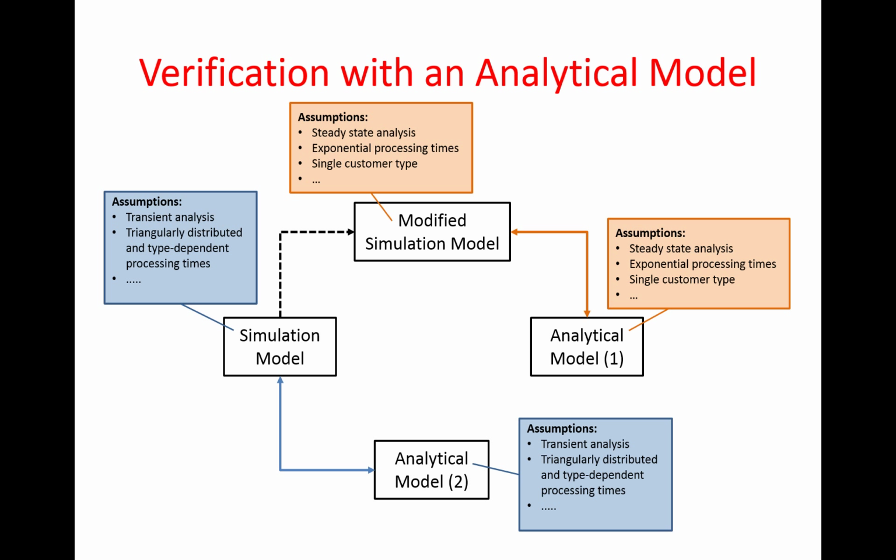But again, the alternative approach is also perfectly valid as long as you can develop an analytical model that matches your simulation model. One thing that I would like to add here is that this alternative approach may not always work, especially for more complex models.